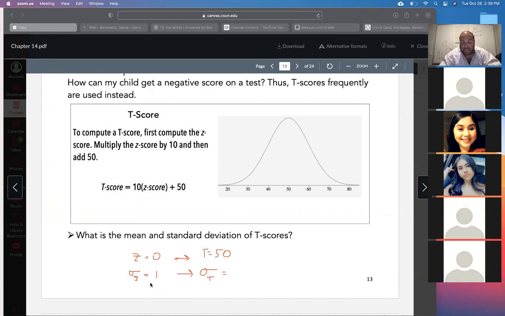So if the z sigma is 1, what do you think the sigma for t is going to be? 10. Since it's spread out 10 times as much, the spread is 10 times more than it was before, which is why we have a sigma of 10. So the mean of t is 50 and the spread of t is 10.